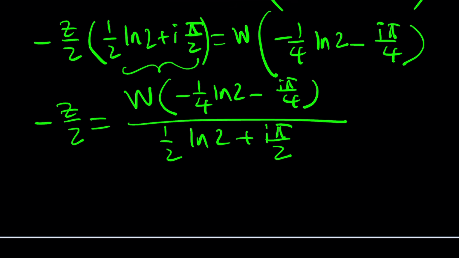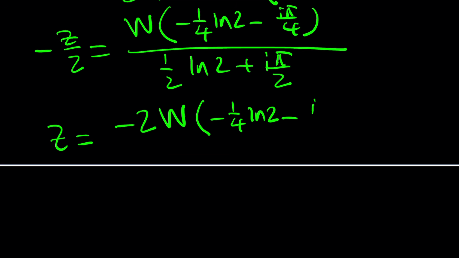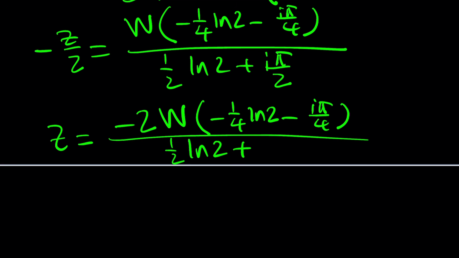And then finally, we're going to multiply both sides by -2. So our expression z becomes -2 times W of -1/4 ln 2 minus i pi over 4 all over 1/2 of ln 2 plus i pi over 2.